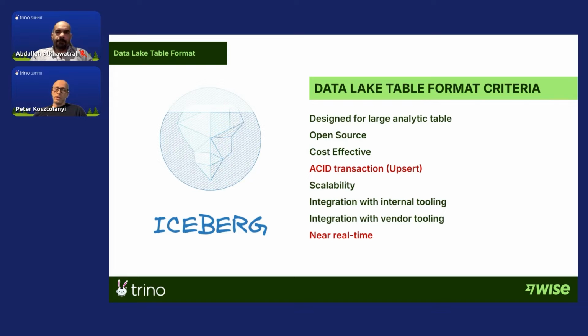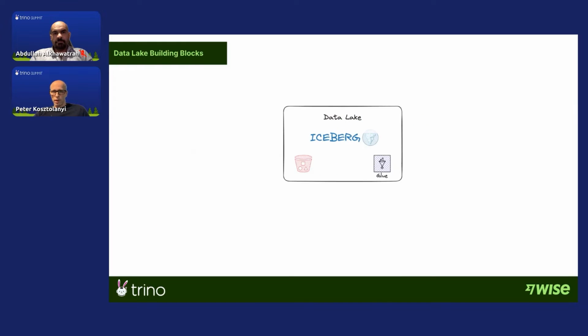We chose Iceberg because it ticked all of our checkboxes, and we also found a nice open source community behind it, and we were happy to see that all of our vendors were looking into Iceberg as a strategic project. So we really found Iceberg is the table format that we want to go with in our new data lake architecture.